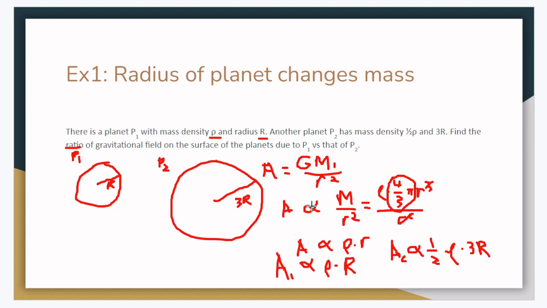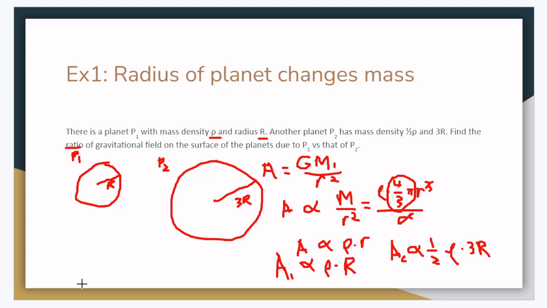If we were to take the ratio, all the constants would cancel out anyway. What we would be left with is what changed for each one. What changed was rho and what changed was r. So if we find the ratio, it would end up being the same, even if we did the whole calculation.